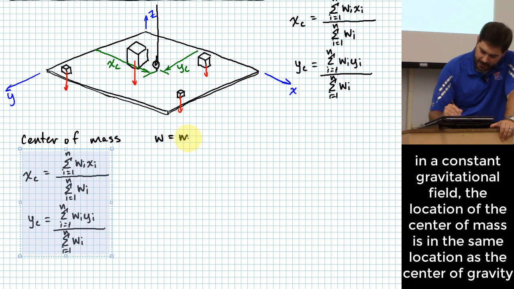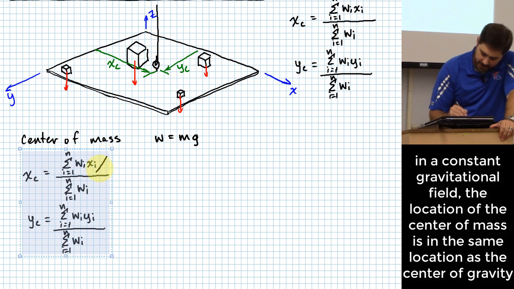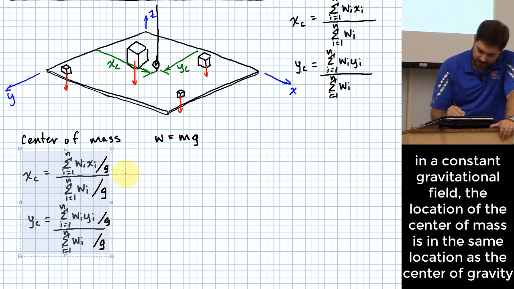Weight is equal to mass times gravity, right? So what if I go through these things and I divide by g? Like I take this up here and divide it by g and divide by g. Up here I divide by g and divide by g. What does this give me?